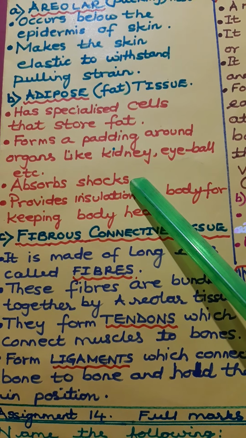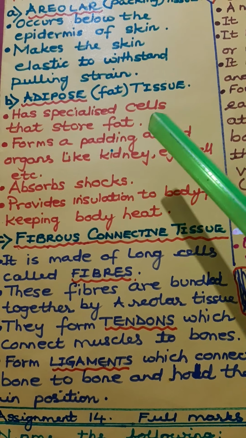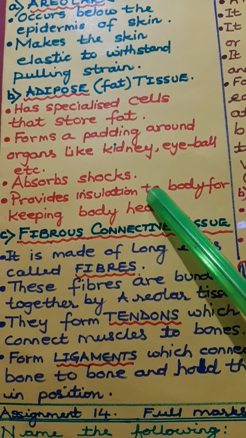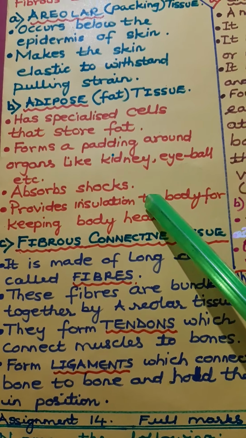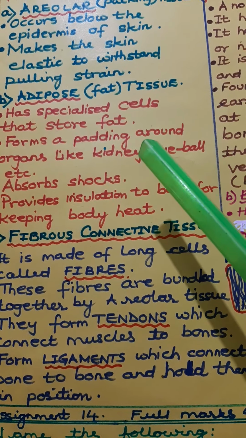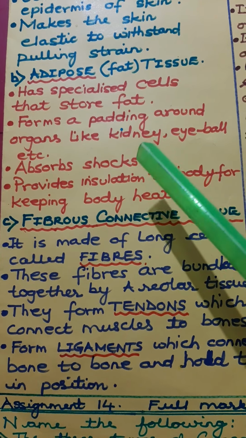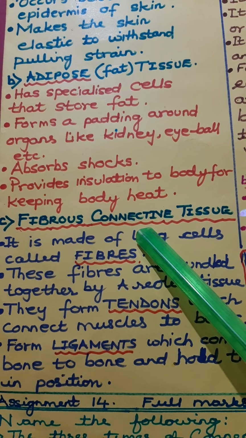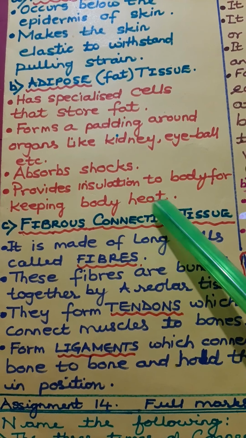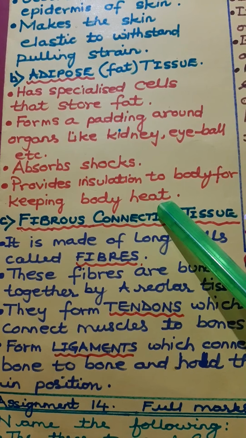It absorbs shocks. Any sort of shock coming to the body, it absorbs the shock. Okay, all of a sudden you have a fall, or someone pushes you very badly, that shock is absorbed by the adipose tissue. Okay, now it provides insulation to the body for keeping body heat.